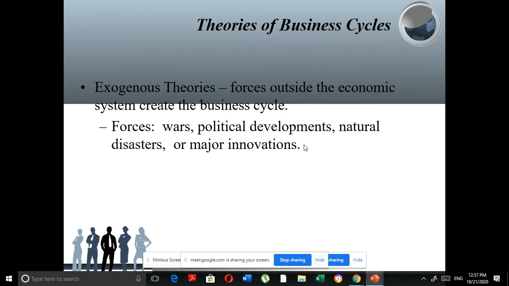For example, political disasters, wars, natural disasters, major innovation developments, and so on. You remember from business? I think you have heard about exogenous theories and factors that come from outside.